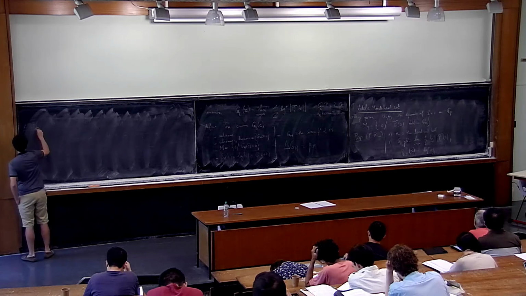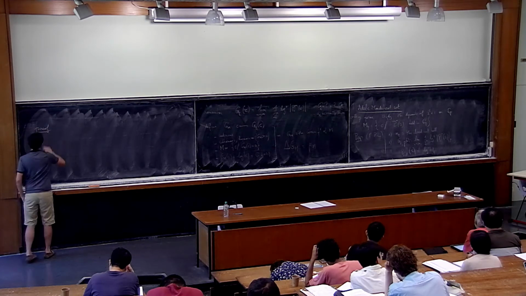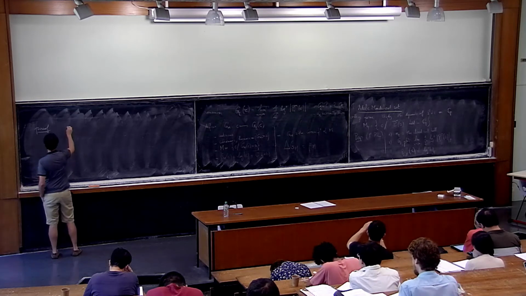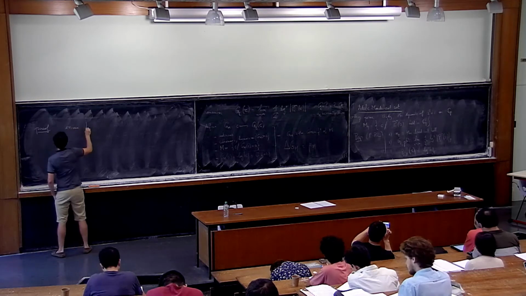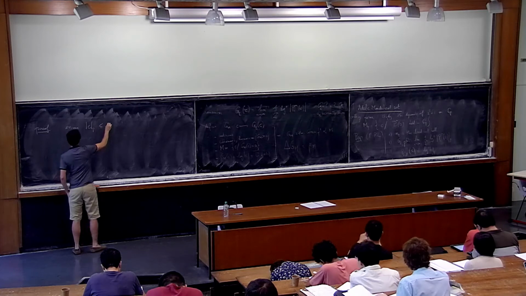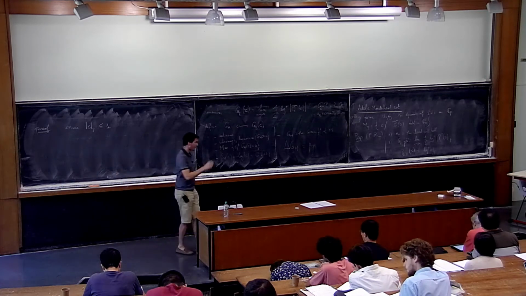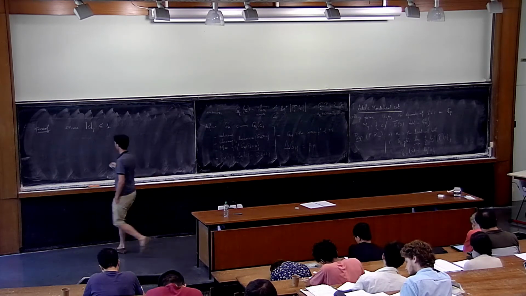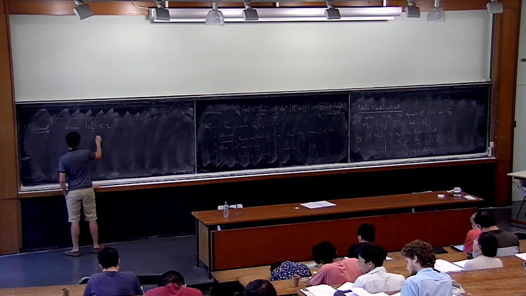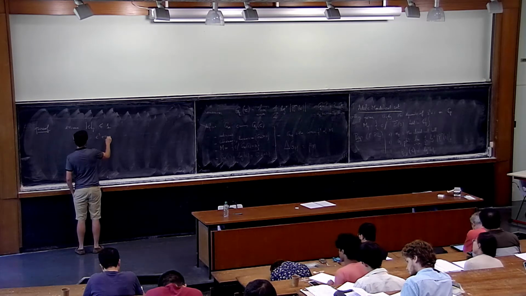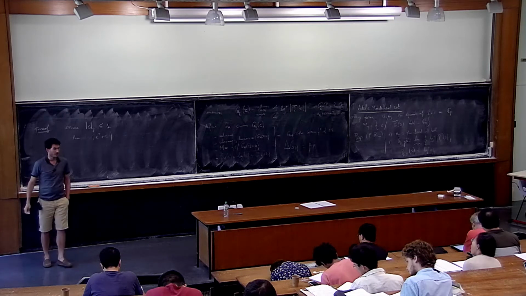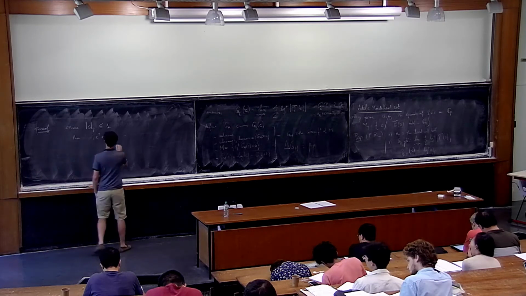The proof. Okay, assume that the norm is not greater than 1. Then, well, you use the ultrametric triangle inequality.